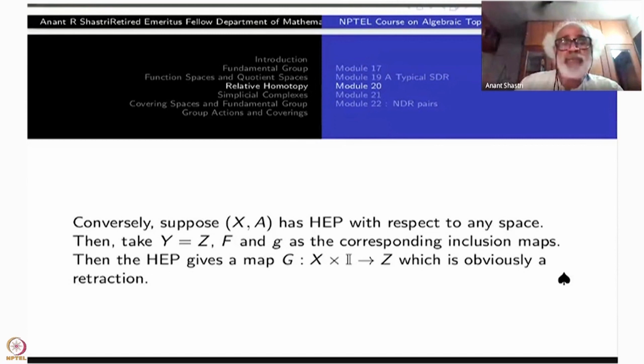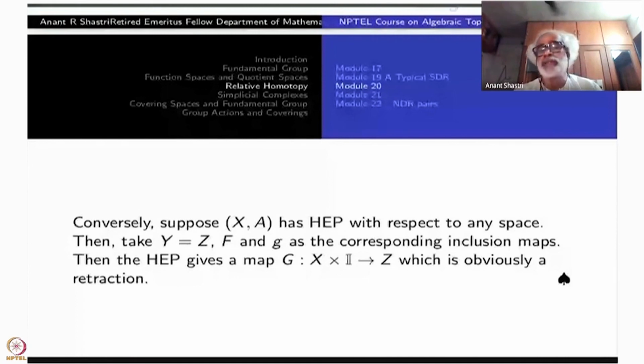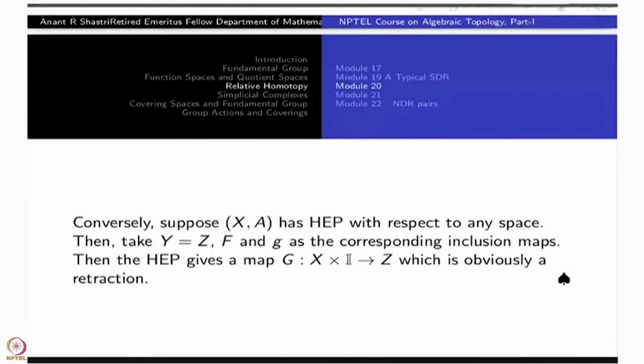What is F? A cross I to Z, its inclusion. What is G? G is the X cross 0 inclusion. All right, so that is the data. So with this data, there will be a capital G from X cross I to Z, which is a continuous function, which extends this one. That just means that on Z it must be identity. So it's a retraction. Okay.